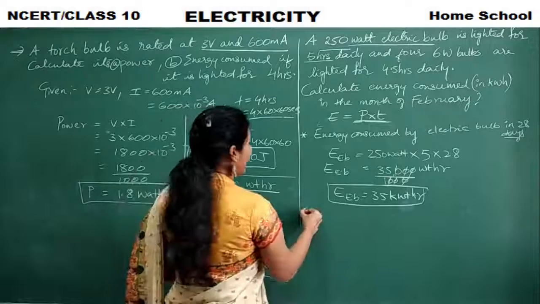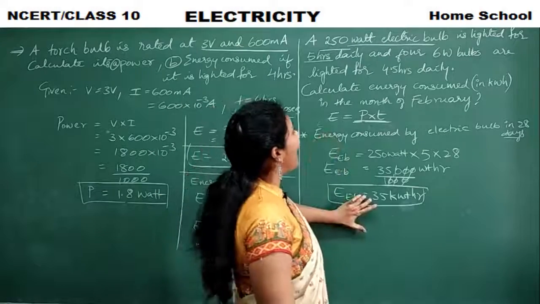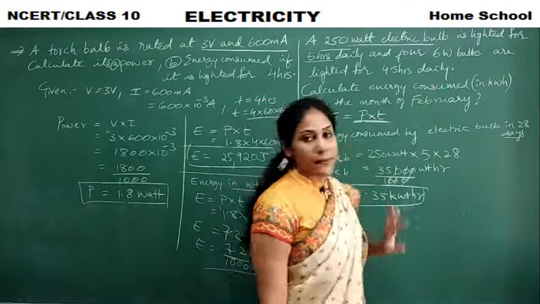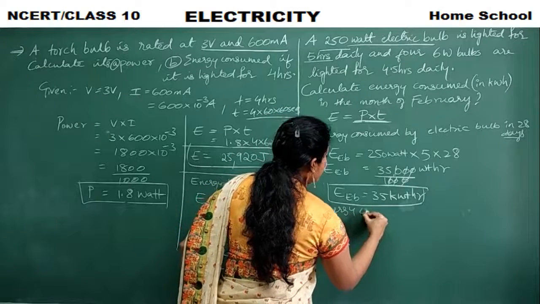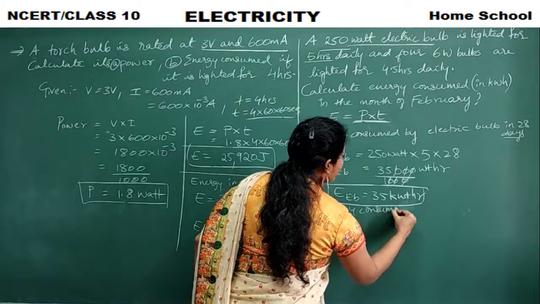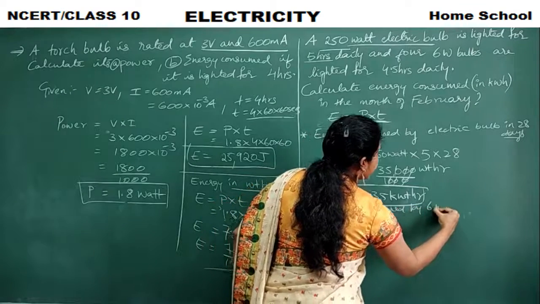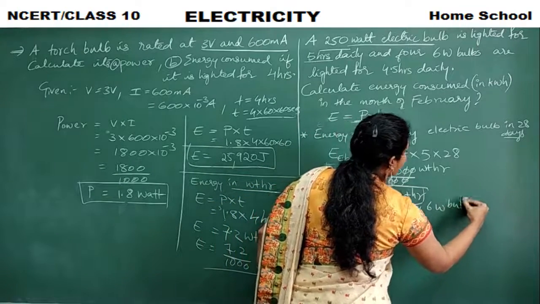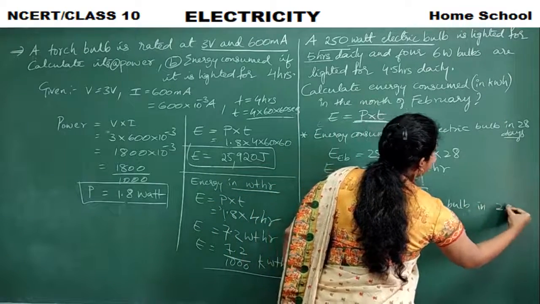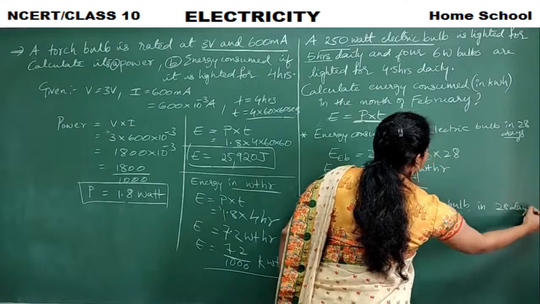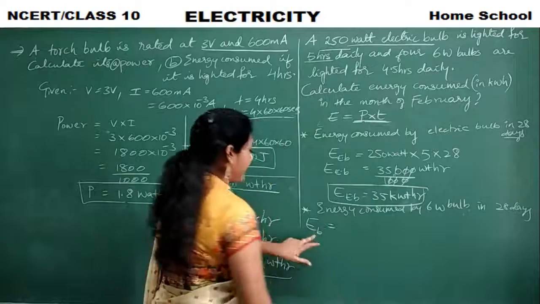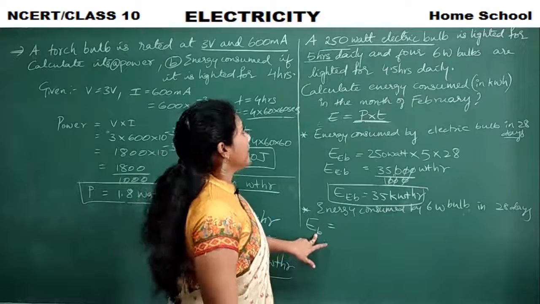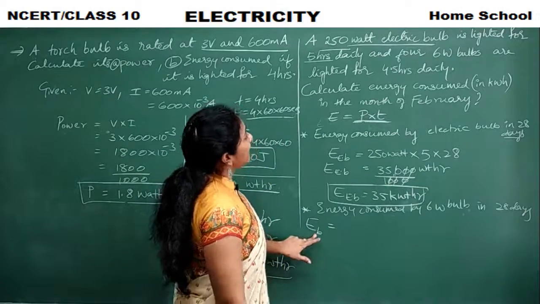Now you have to find out energy consumed by 6-watt bulbs. I am finding energy consumed by 6 watt bulb in 28 days. Energy consumed by, just B I will write, that means 6 watt bulb. So how many 6 watt bulbs are there?